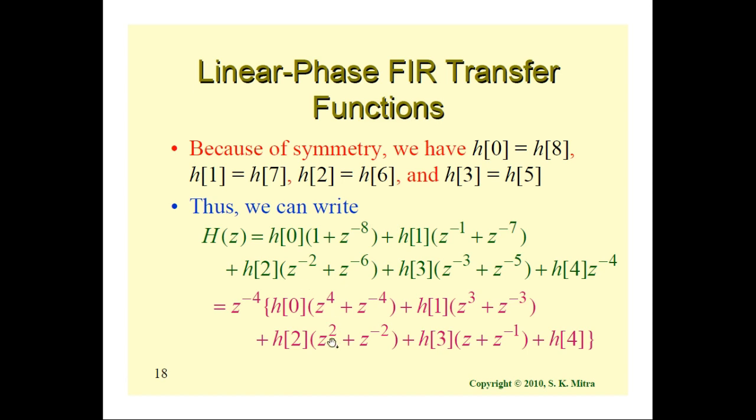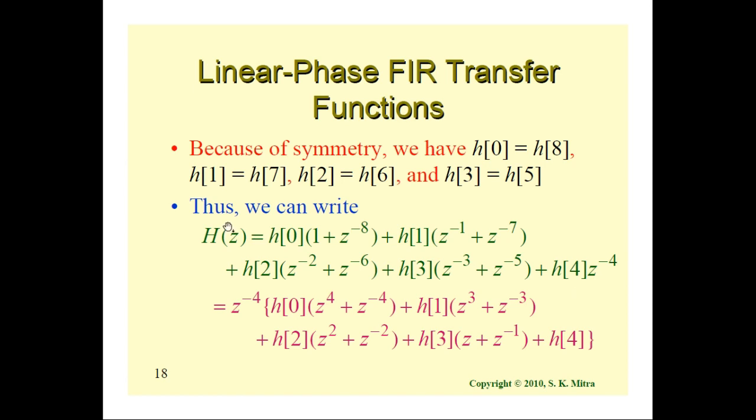Here I will be left with z power 2 plus z power minus 2 once I take z power minus 4 as a common factor, and in this case I will be left with z plus z inverse. There is already a z power minus 4 present in this last term. Therefore, we can take z power minus 4 as a common factor from all the terms.